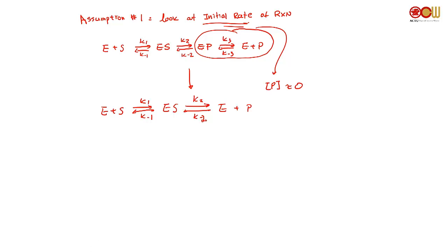Also, because we're looking at the initial rate, the concentration of S is going to be much larger than the change of S. The change in concentration of substrate is going to be negligible. So essentially, we're going to say that the concentration of S is some kind of constant.